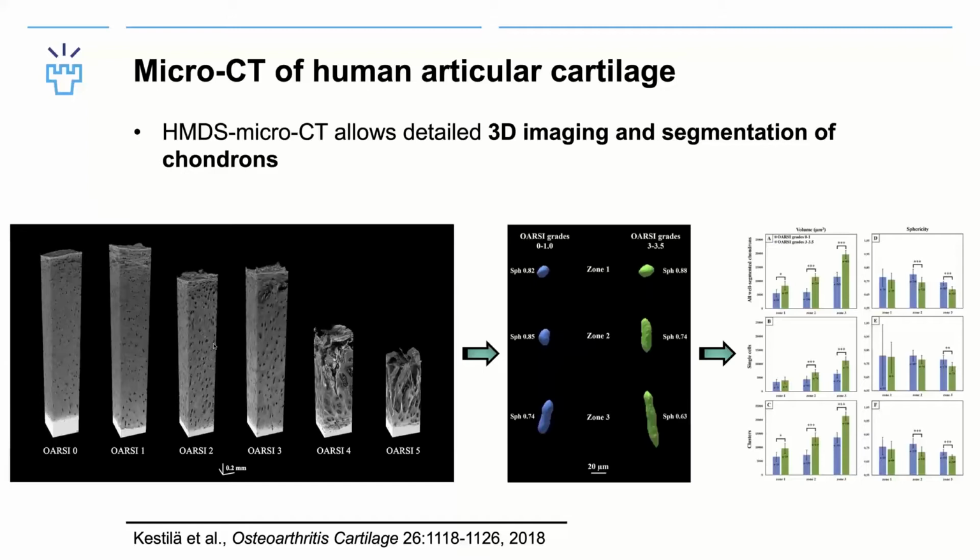So chondrocytes are not staying in their same position, even there at the deeper tissues, which still haven't worn away during the disease progression. So this is one thing that you can do from the micro-CT dehydration scans to look at the chondrons.